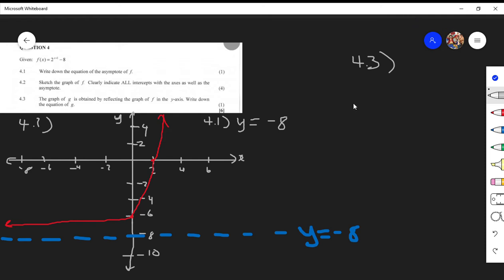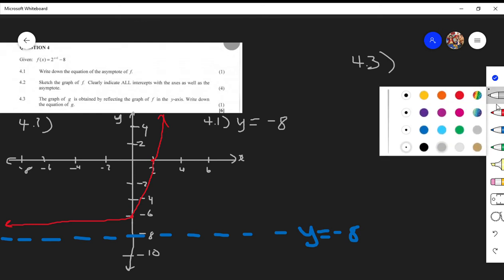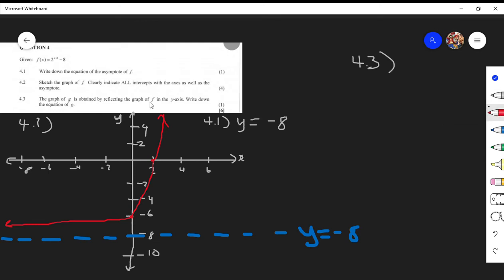Okay, so as you can see from the question, g is obtained by reflecting the graph of f in the y-axis. So we know that whenever the graph is reflected in the y-axis, the x values change. And whenever the graph is reflected in the x-axis, the y values change.